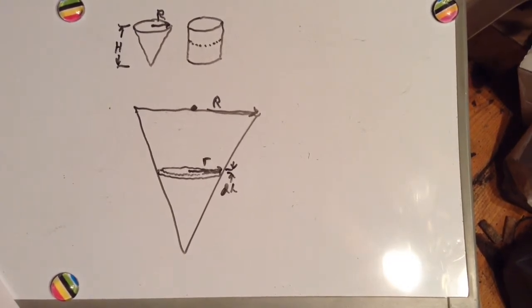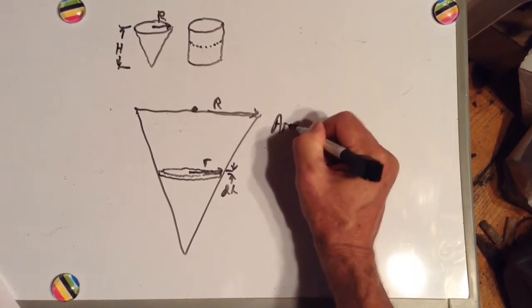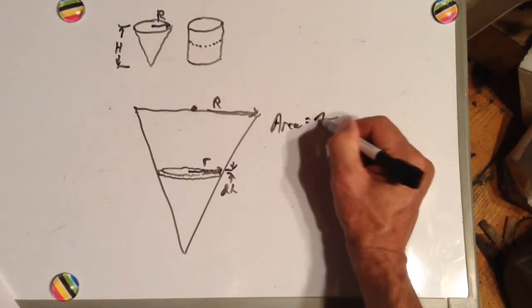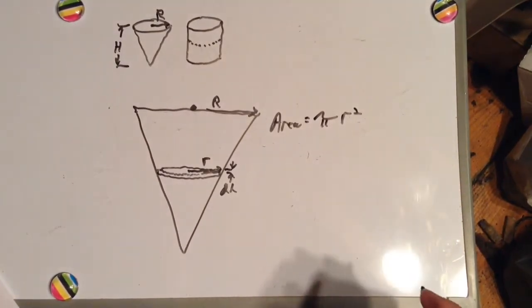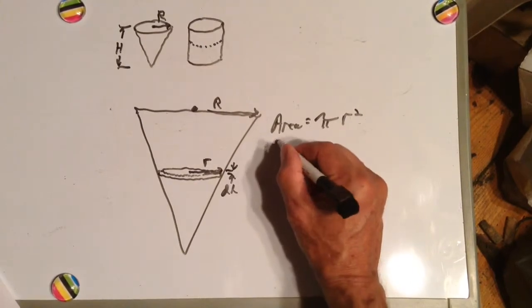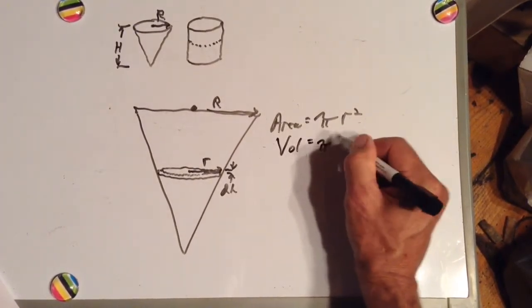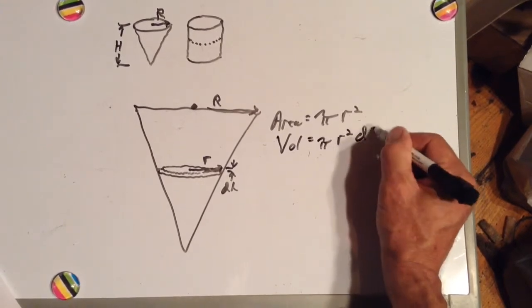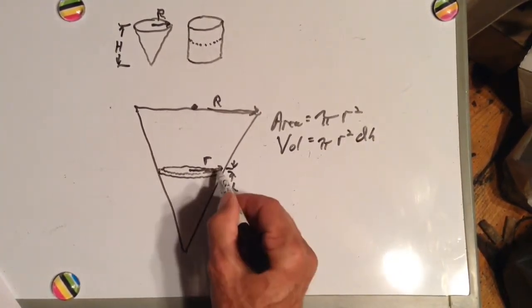The area of this disk is pi r squared. The volume of this disk is pi r squared dh, because it's area times its height.